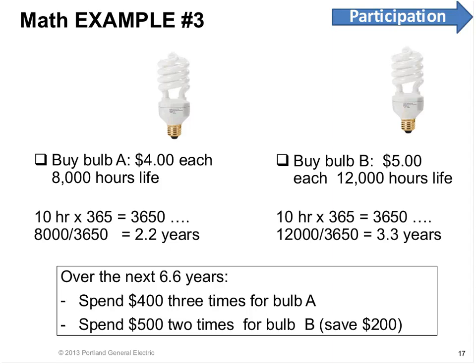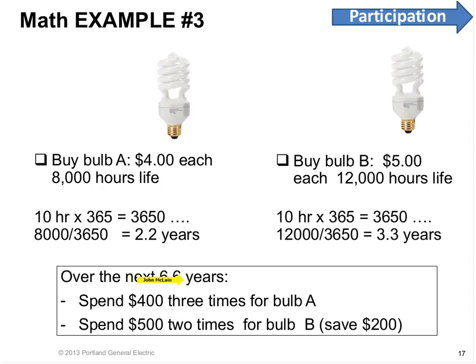If I spend a buck extra, now I divide the 3,650 hours annually into the 12,000, and these bulbs won't wear out until 3.3 years. You get more than 1 year extra of lighting before you have to purchase bulbs again.